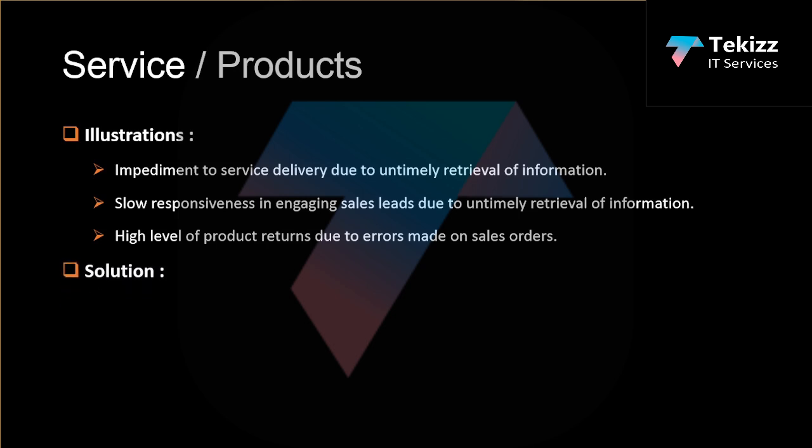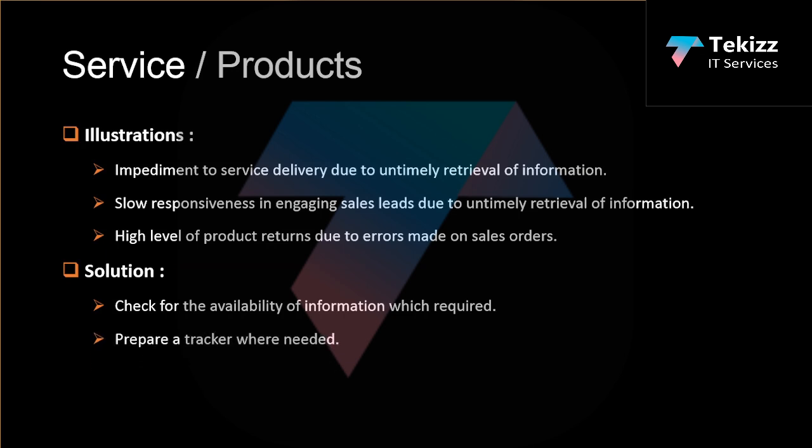What could be the solution of this? First, check for the availability of the required information. Prepare a tracker where needed and do quality checks of the gathered data against actual data.